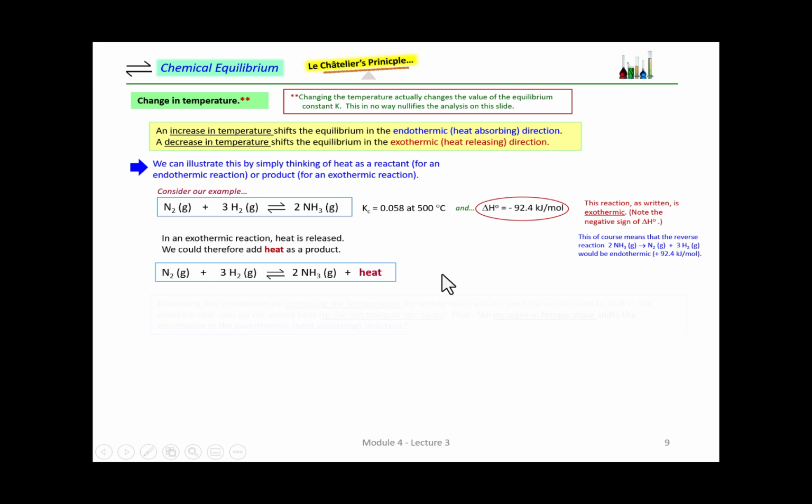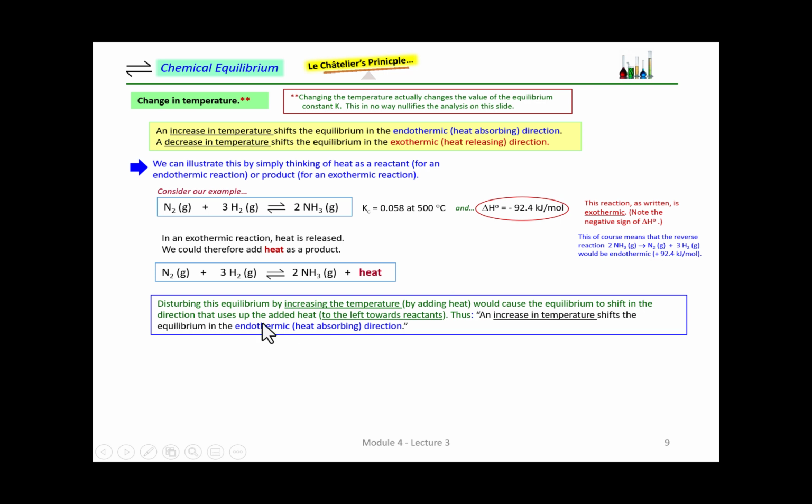Now disturbing this equilibrium by increasing the temperature, in other words by adding heat, would cause the equilibrium to shift in the direction that uses up the heat, to the left toward reactants. Thus, an increase in temperature shifts the equilibrium in the endothermic or heat-absorbing direction.